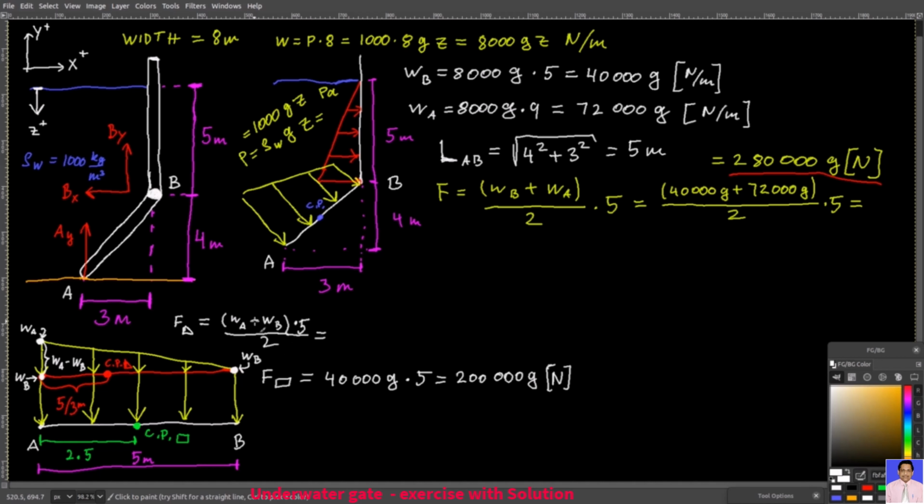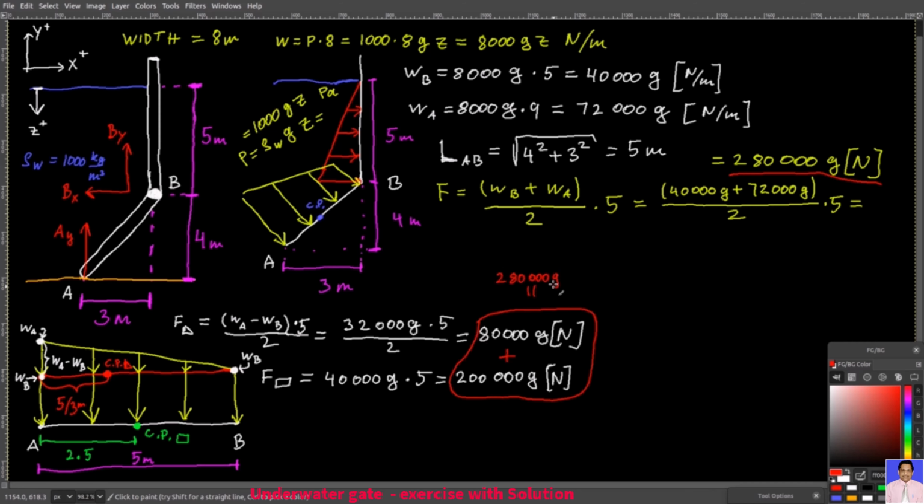Now WA minus WB is 72,000 G minus 40,000 G, which is 32,000 G times 5 over 2. And that will give you 80,000 G newtons. And so if you add up these two forces, then you will have 280,000 G newtons, which is exactly what you have here.